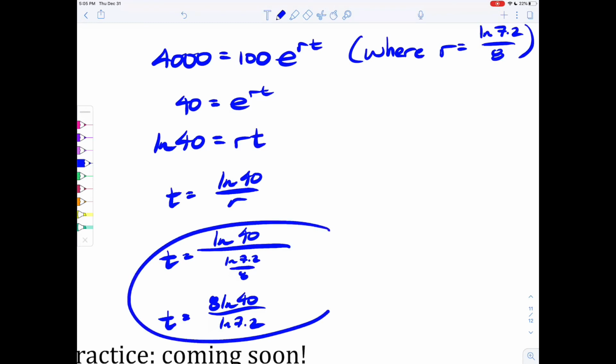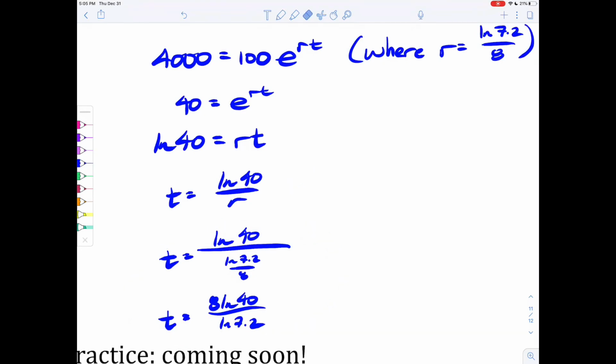You don't necessarily have to do these. If you stored r in your calculator, then it might be easier to just punch this one in. So ln 40 divided by, and then press your recall button to recall that variable where you stored the value of r. But if you didn't, then you're going to have to do these other steps. And you don't even need this one, as long as you're comfortable evaluating from here. Just don't forget brackets, they're necessary.